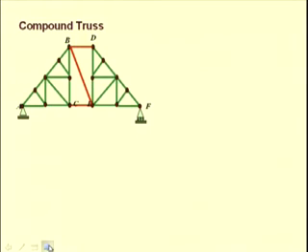A simple truss, let us say ABC, is shown here, which can be constructed by taking a triangular truss and connecting two members and a joint. And in the same way, this complete truss ABC has been constructed.